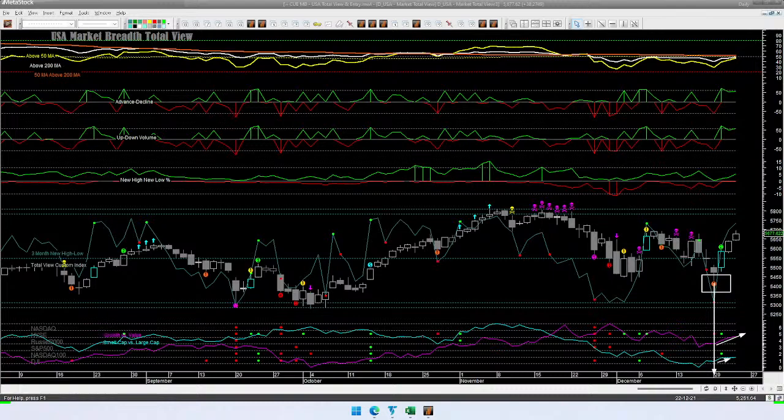We could decide to buy small cap because small cap versus large cap was tilting up. So we could look at market total view custom index bouncing up from trendline support with bullish pressure and then further use the growth versus value and small cap versus large cap plots to decide what kind of stocks to focus on. That would be growth and small cap stocks.